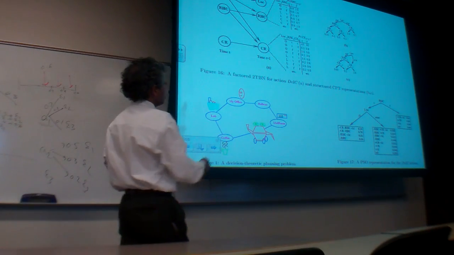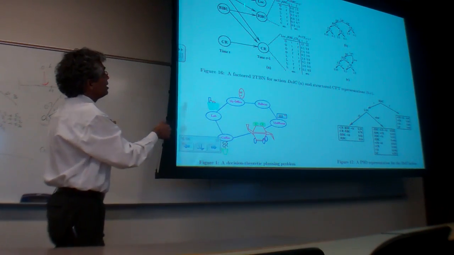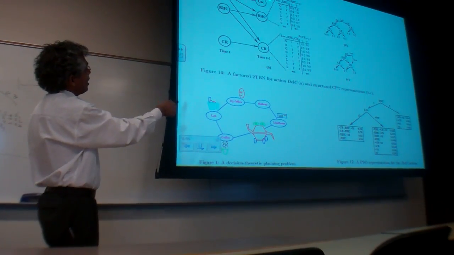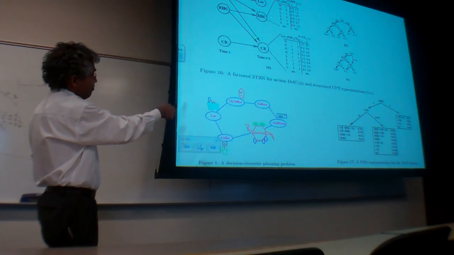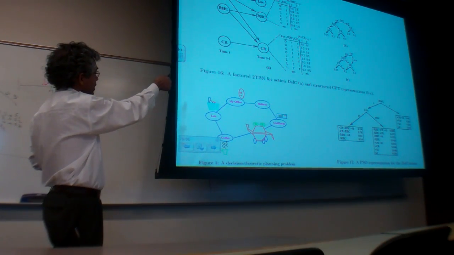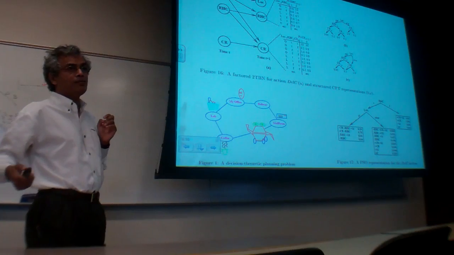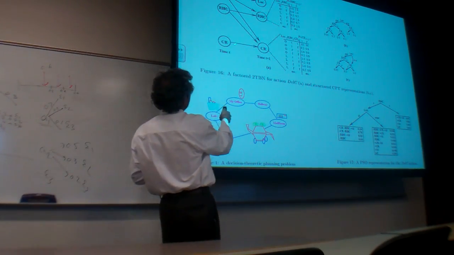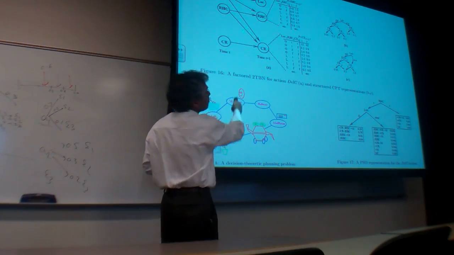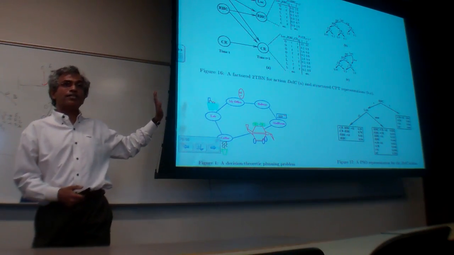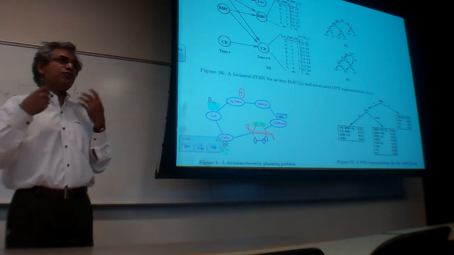That's what this picture is saying. It's a Bayes net where you're taking the state variables at time t, and these are the propositions at time t plus 1. The action essentially tells you how it modifies the values of these variables from one step to another. What happens to the rest of the variables?